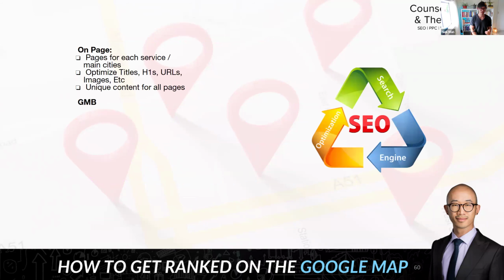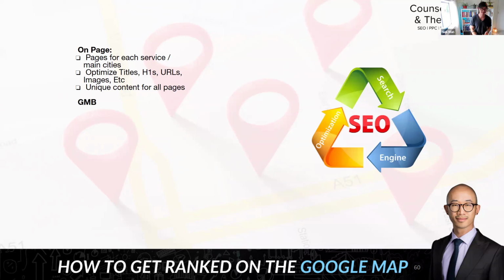And so, there's the on-page optimization that you really want to look at. It synergizes with Google Business Profile, helps Google understand what it's about, and that's fully in your control. So having pages for each service, each modality, each city, optimizing the titles, the URLs, the H1 tags, the images, even getting some video content on there.